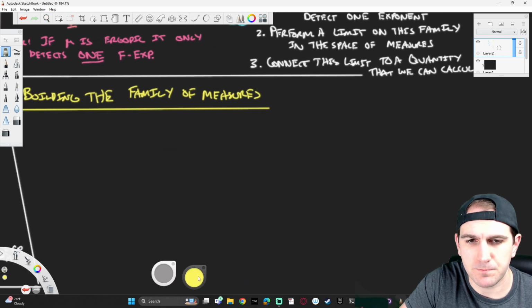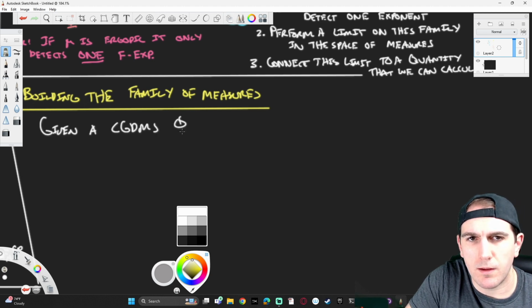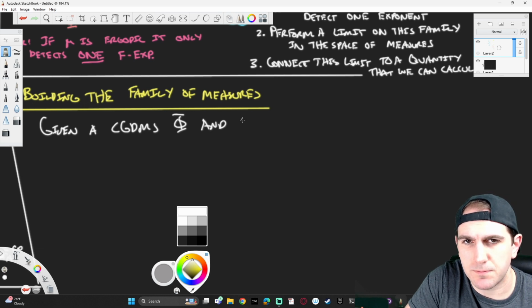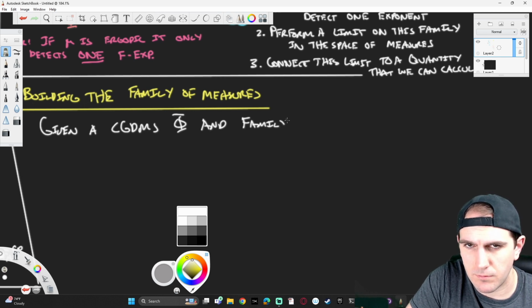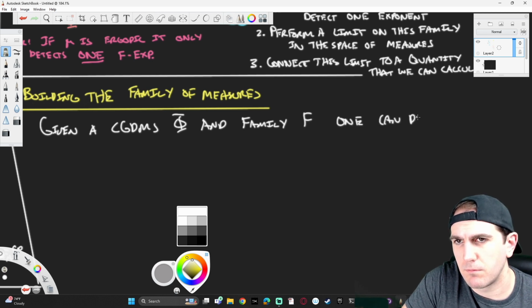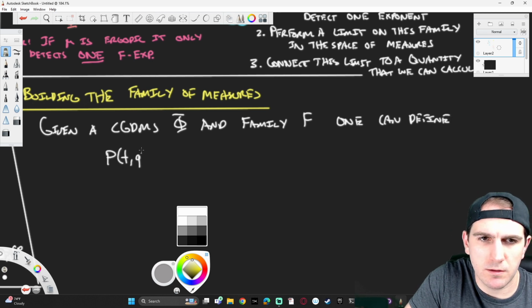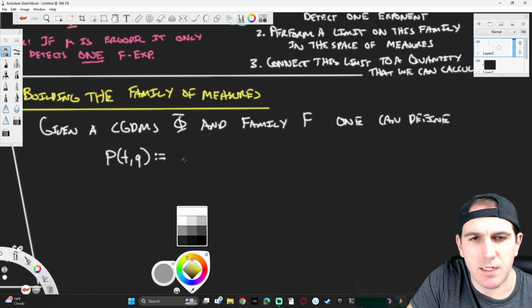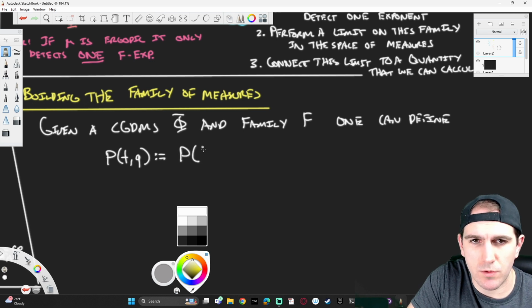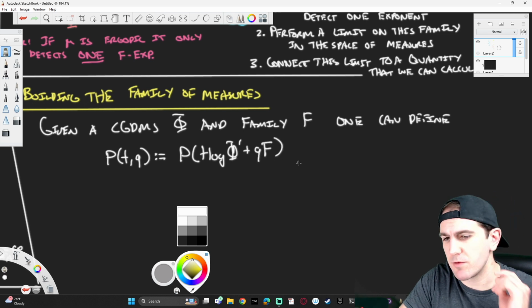So given a conformal graph-directed Markov system B and a family of potentials, one can define the pressure with respect to T and Q, which is by definition equal to P of T log phi prime, which is the Lyapunov family, plus Q F, which is whatever family defines your F-exponent.